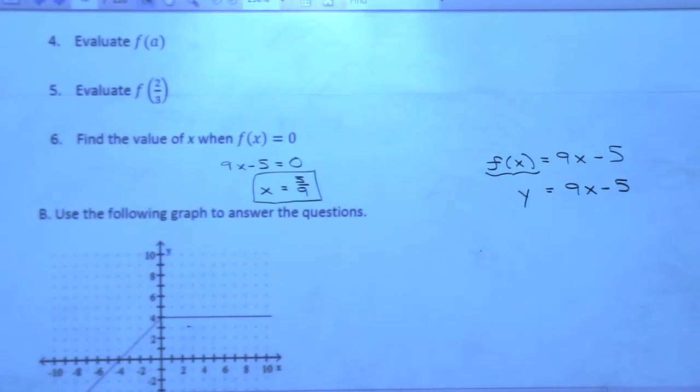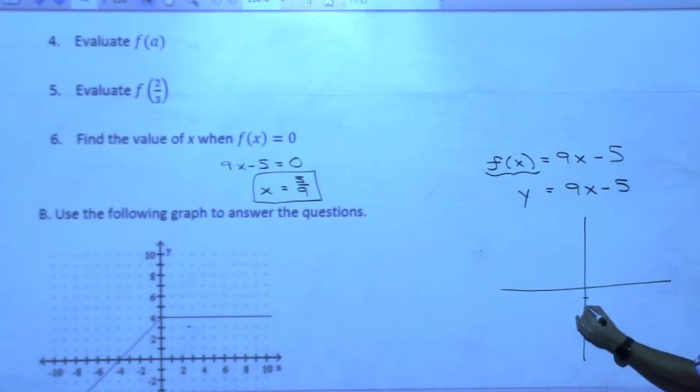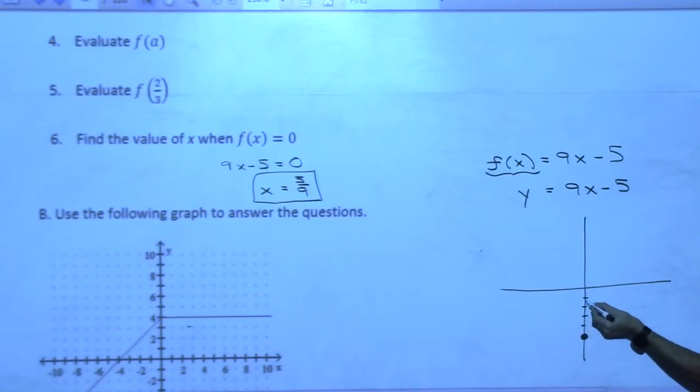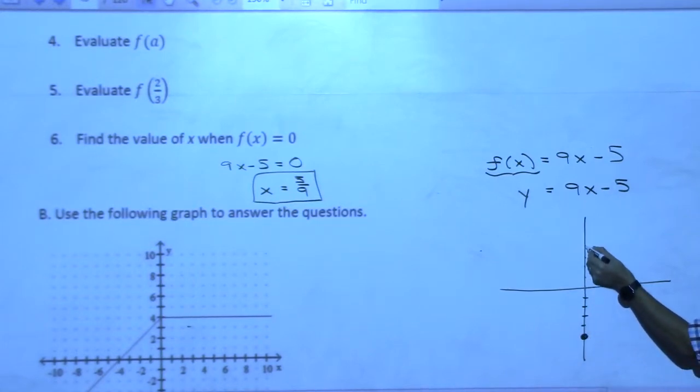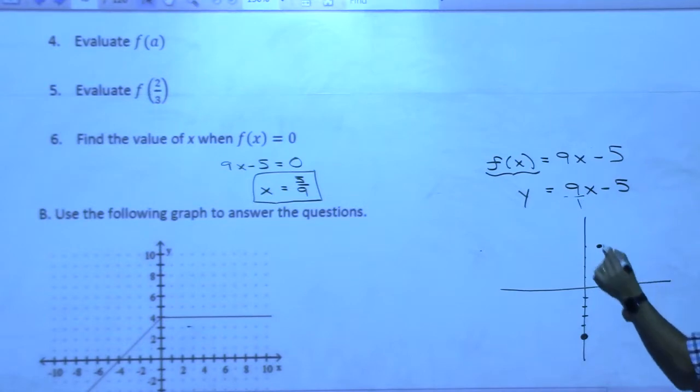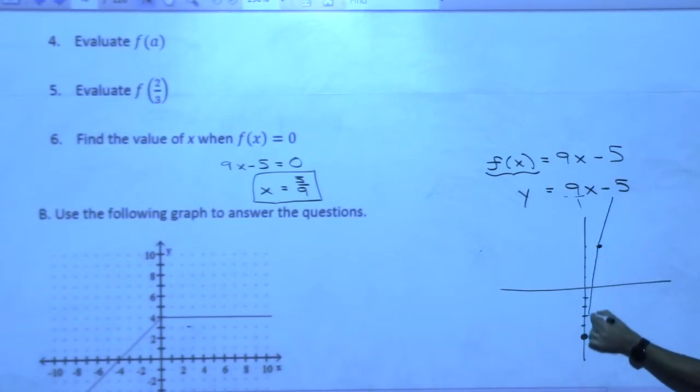And if we have a linear equation, we can graph it. We would start down at -5. That'd be our y-intercept, and we have a slope of 9. So we go up 1, 2, 3, 4, 5, 6, 7, 8, 9, and over 1, because that's 9 over 1, and we would draw a line.